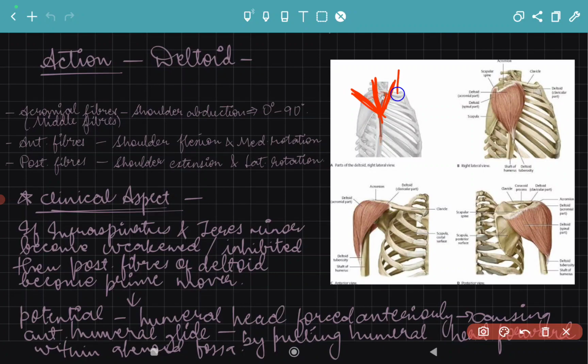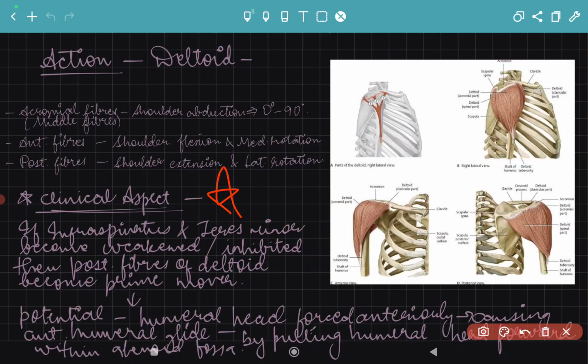So anterior one along with flexion will perform medial rotation, middle fibers will do abduction of 0 to 90 degrees, and the posterior fibers will perform extension plus lateral rotation. So that is according to the fibers of deltoid muscle. Next comes the clinical aspect associated with this.